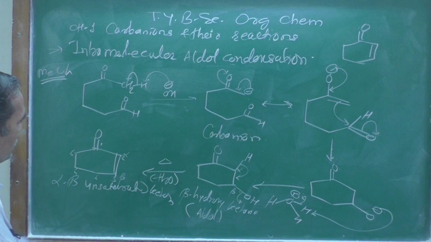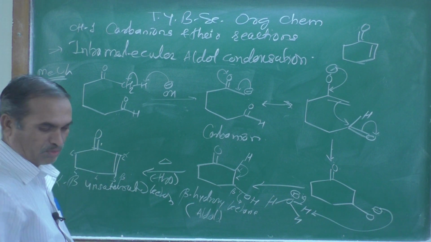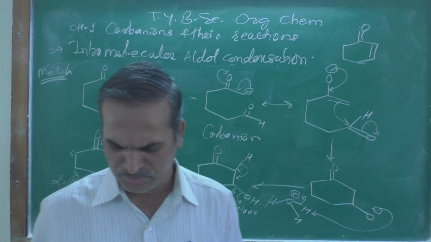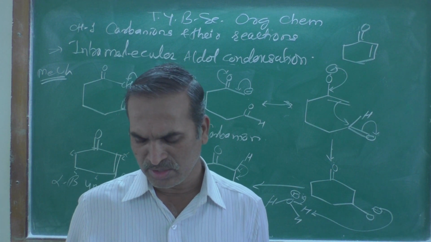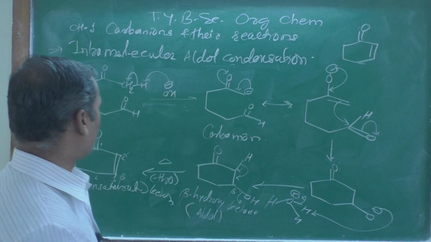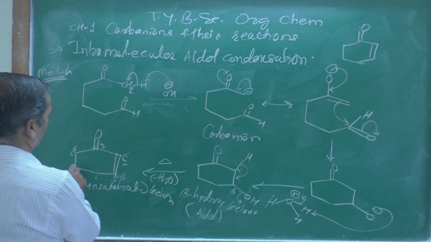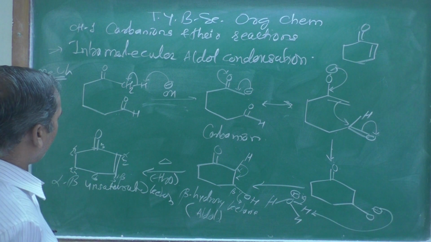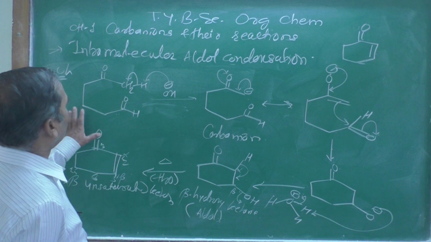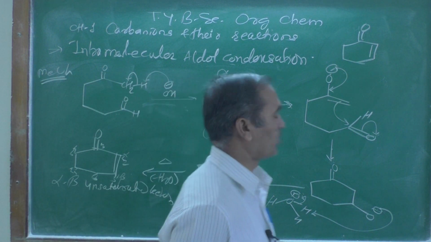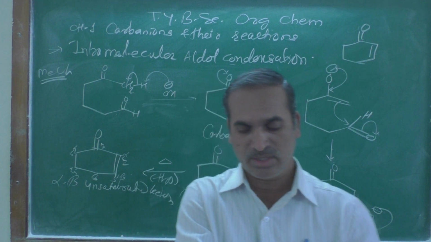At this position there is a ketone group, and therefore the name of this compound is cyclohexene-3-one. Numbering starts from here, 1 2 3 4 5 and 6. I think this is the compound we got, that is, the intramolecular aldol condensation reaction.